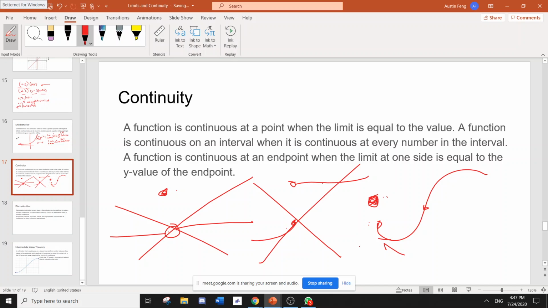On the right side, let's say the value coincides with the left hand limit, then it's continuous. So this function is continuous exclusively on the left side and inclusively on the right. Let's say this value is a and this value is b. We can say that this function is continuous from a to b, not including a but including b.